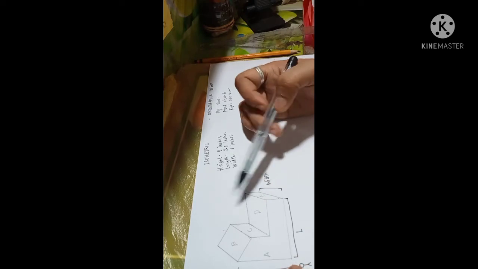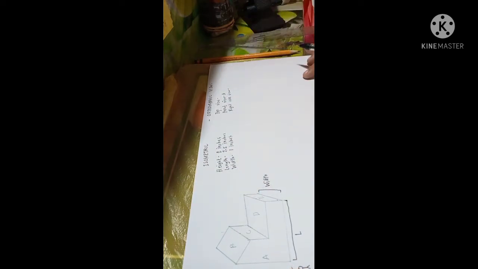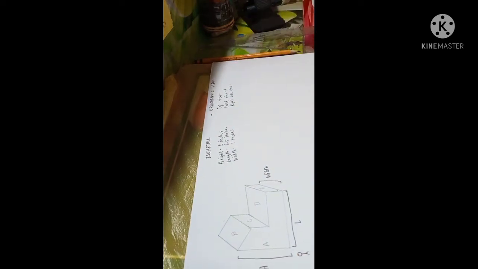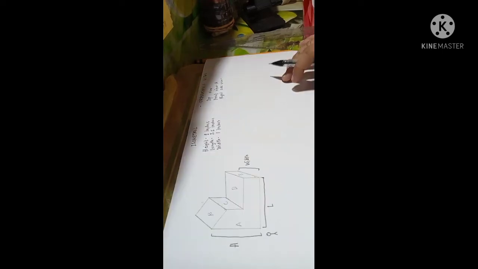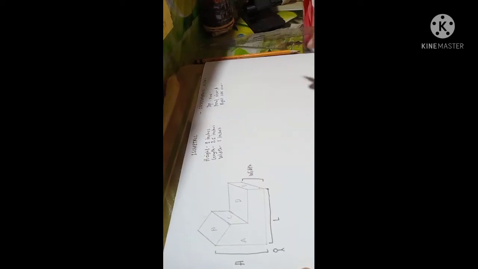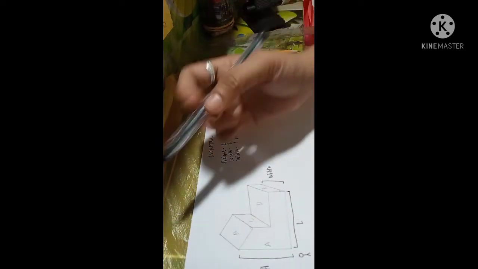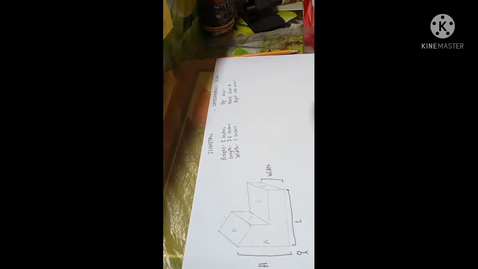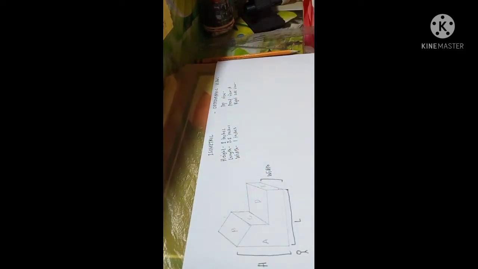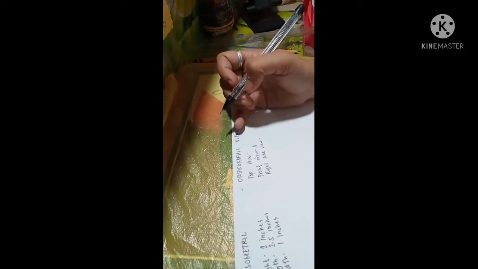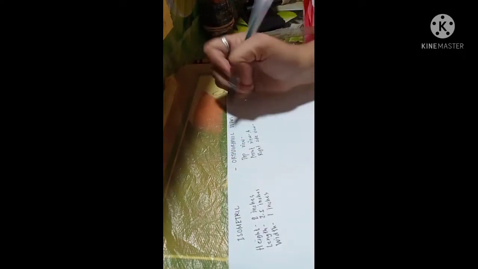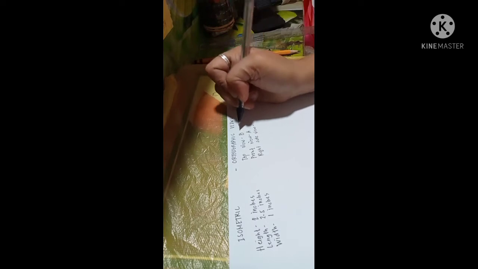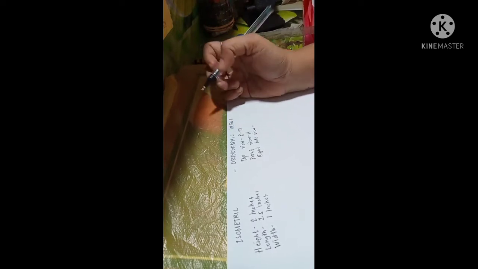So the top view is only letter B and D. Try to imagine, just close your eyes, or if you don't want to close your eyes. If only letter B and D you could see, therefore our top view is letter B and D.